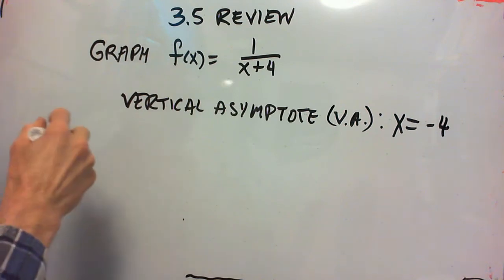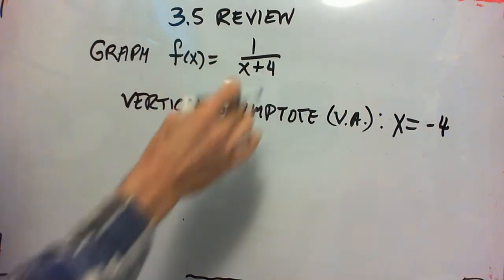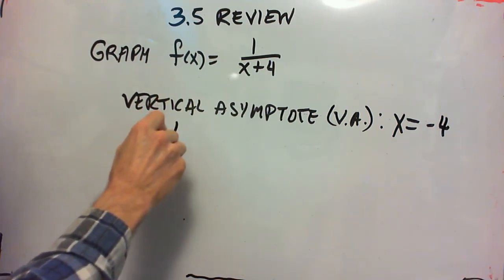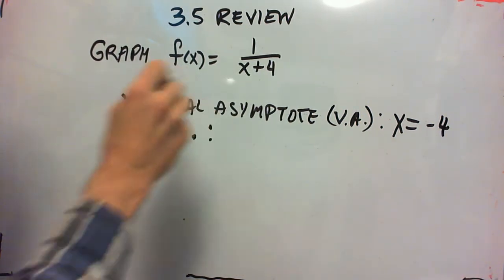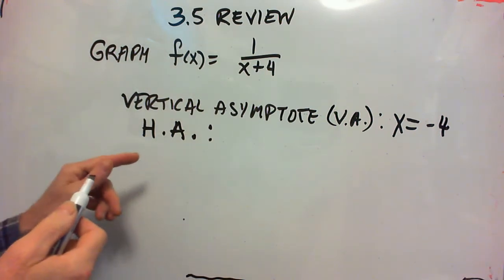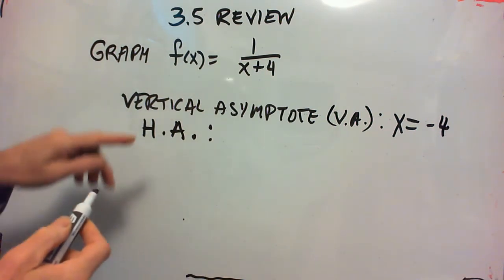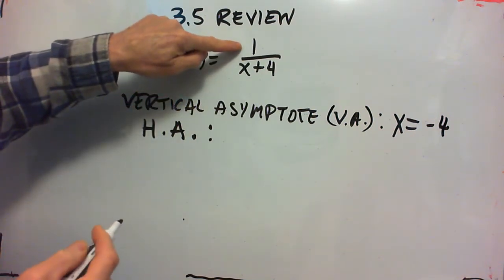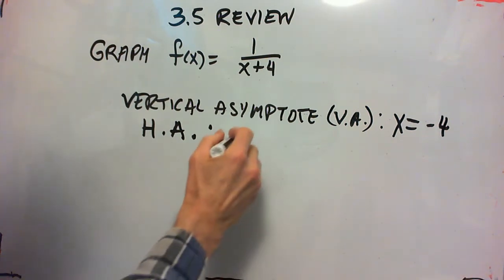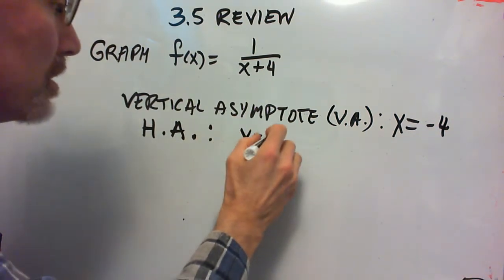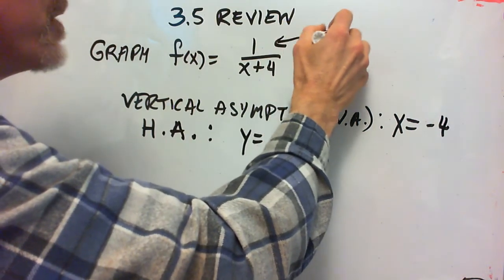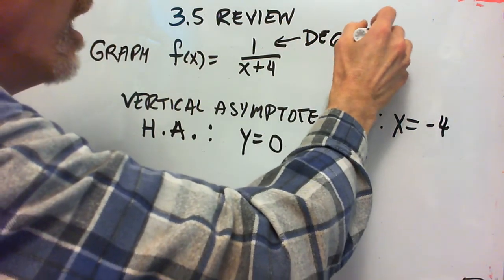The next asymptote we should find is the horizontal asymptote, and I'll abbreviate that HA. There were several different cases. When the degree of the numerator is less than the degree of the denominator, the horizontal asymptote is y equals 0, because 1 has degree equals 0.